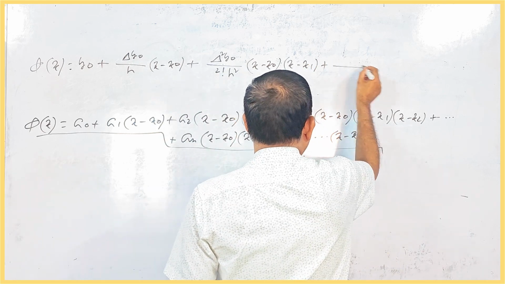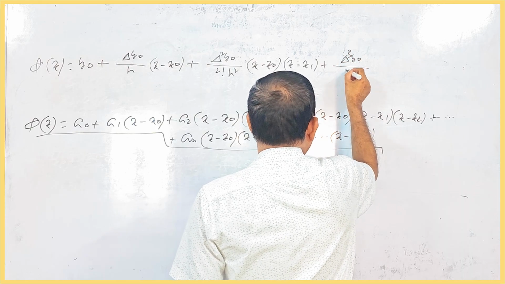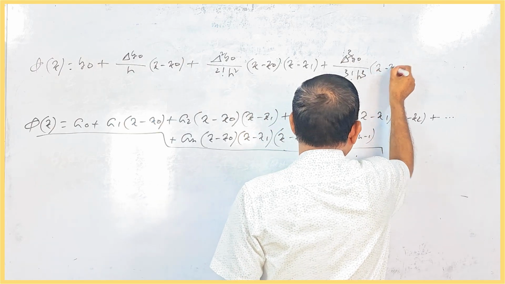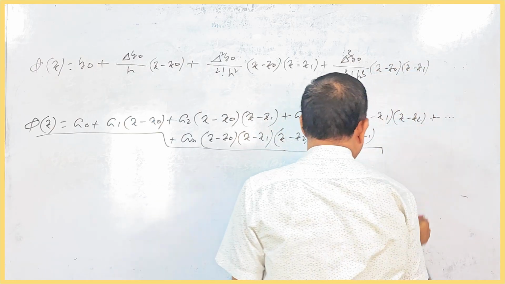So A3 is equal to delta cube y naught by 3 factorial h cube, times x minus x naught, x minus x1 and x minus x2.